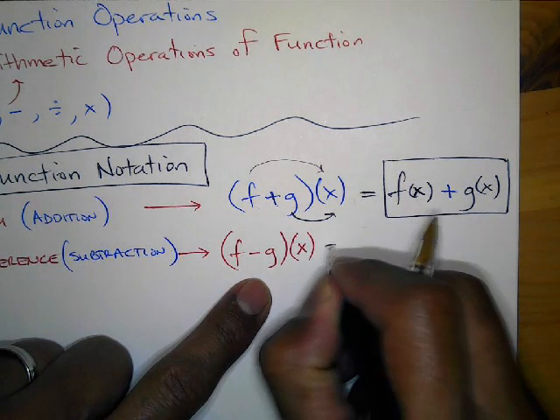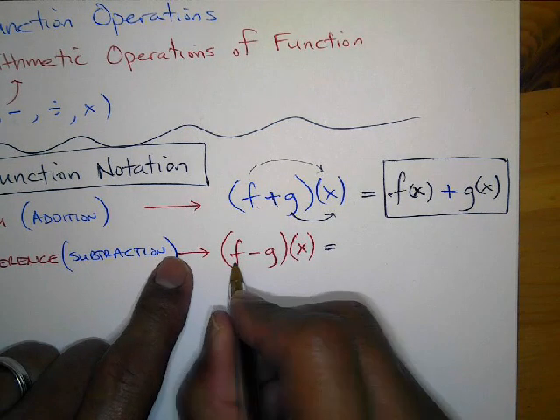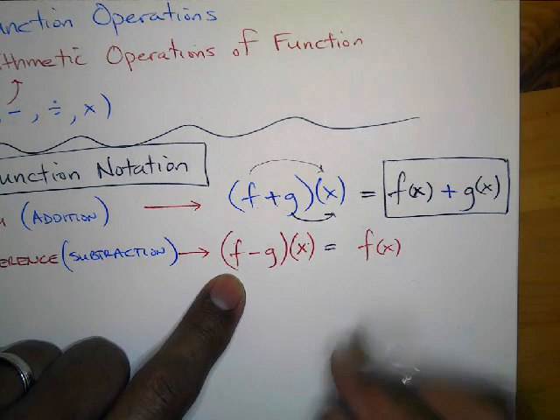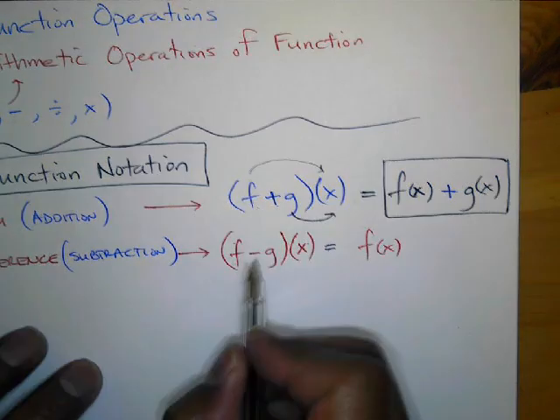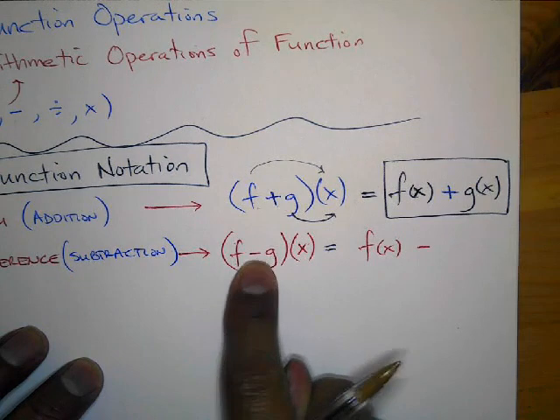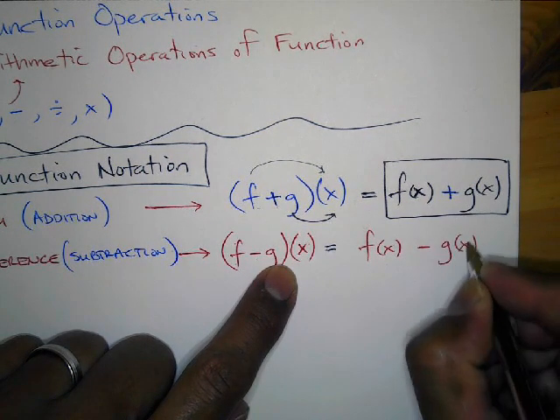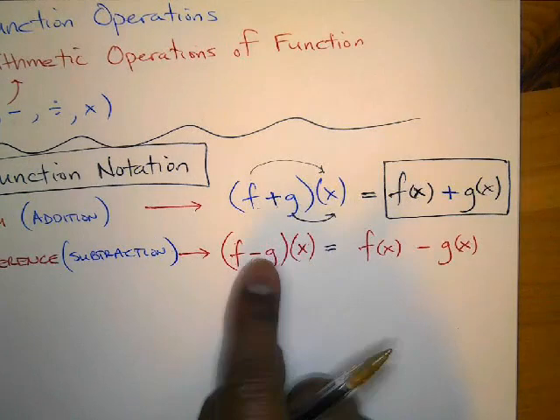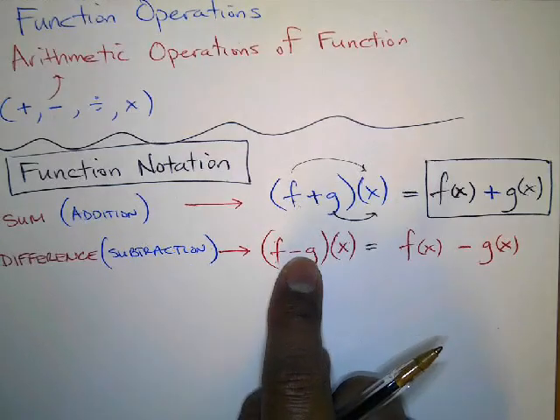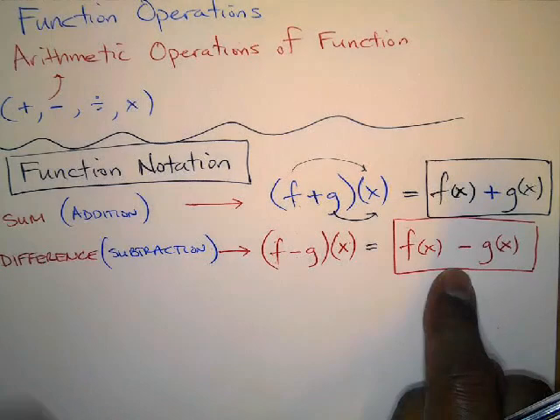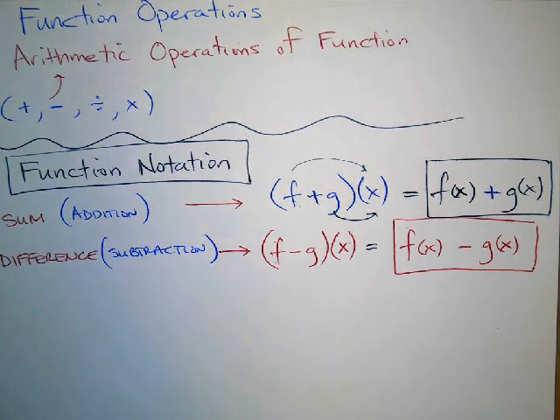How do you interpret this notation? Well, the first one is f of x minus the second one, which is g of x. That's what this is, this little shorthand notation. This is the function notation, but this is what it interprets to, and this is what you're going to do.